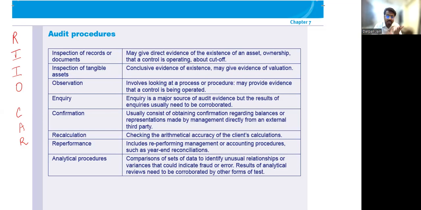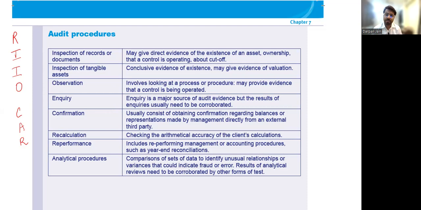You can inspect that sales invoice for authorization to see whether that sales invoice has been signed by the manager or not. If there's a signature of the manager, then we can say that the manager has checked that sales invoice and then he has signed it. Correct? Okay.